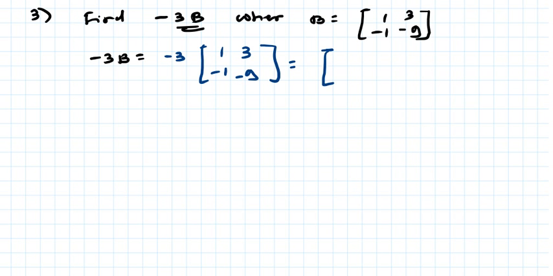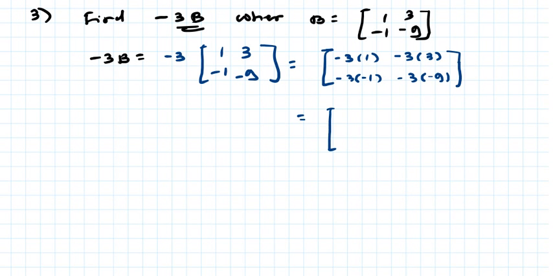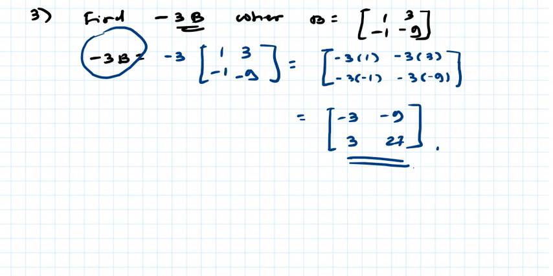Every element will get multiplied by minus 3. So this will be minus 3 into 1, minus 3 into 3, then minus 3 into minus 1, minus 3 into minus 9. So which is minus 3 into 1, minus 3. This will be minus 9. This will be 3, and this will be 27. Okay, so this will be your answer. This will be the value for minus 3B.